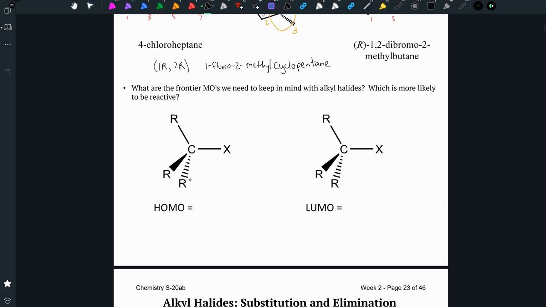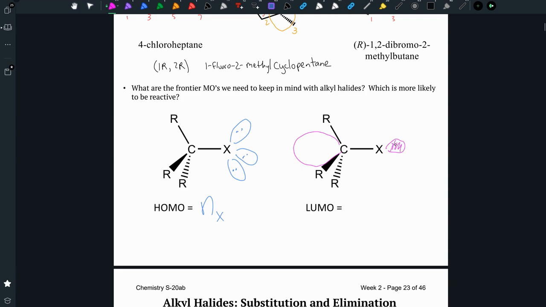So for an alkyl halide, our highest occupied molecular orbital would be the lone pairs on the halide. So that would be lone pairs on X, whatever X is. And then our LUMO is going to be sigma star CX.